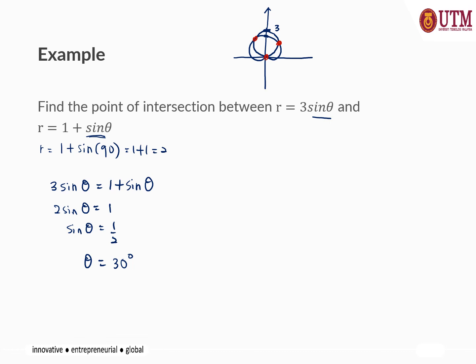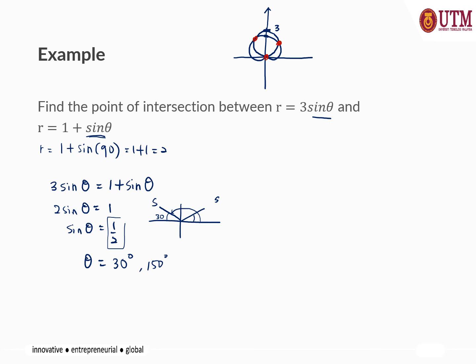For the sine value, since it is positive, we can know that it is also for the quadrant here as S. So this one would be for 30 degrees and the other one would be at 180 minus 30 degrees, which is 150 degrees.